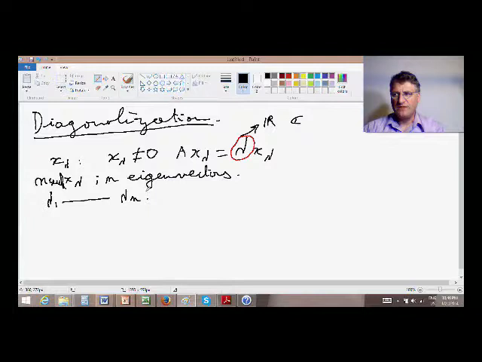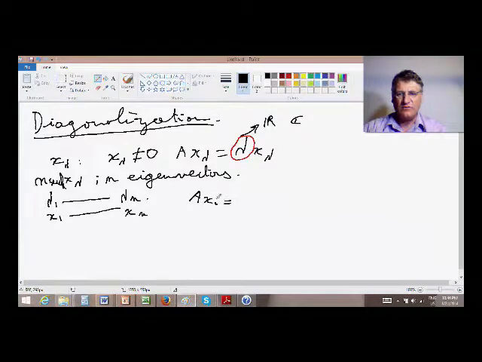So I'm going to call the corresponding eigenvectors, for the sake of convenience, x1 through xn. Watch out, because this is not the same x1 through xn as the components of x that I expressed in the previous view. So that we have A times x sub i is equal to lambda i times x sub i.